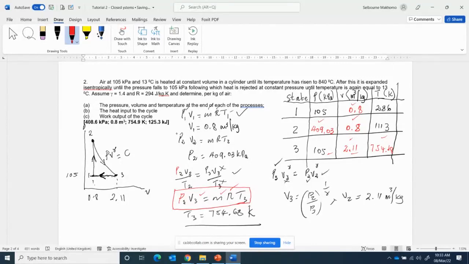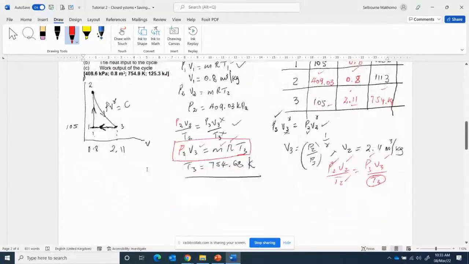Alternatively, you can still say P2 V2 over T2 is equal to P3 V3 over T3. You have P2, V2, T2, P3, V3, you can still get T3. The answer is still going to be the same. It doesn't matter which formula you use, you will still get the same answer.